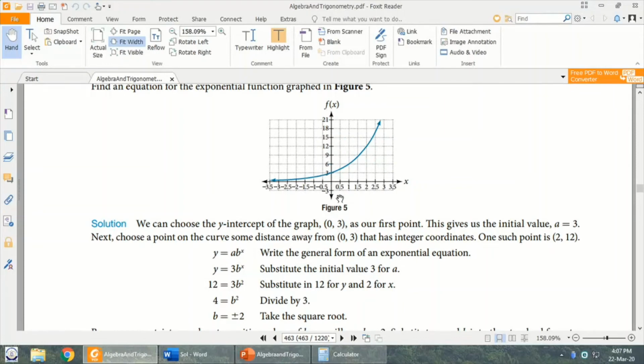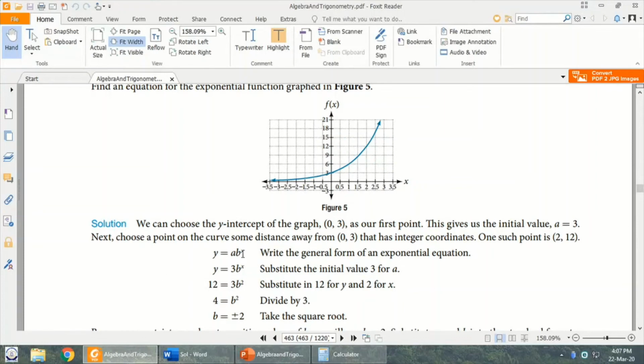Always remember this, because it's the base value that we must have. So you'll have a as the initial value, and even if I don't mention that this is the initial value, you should automatically know that this is the intercept. When x is 0, naturally this has to be the intercept, and a is the intercept.